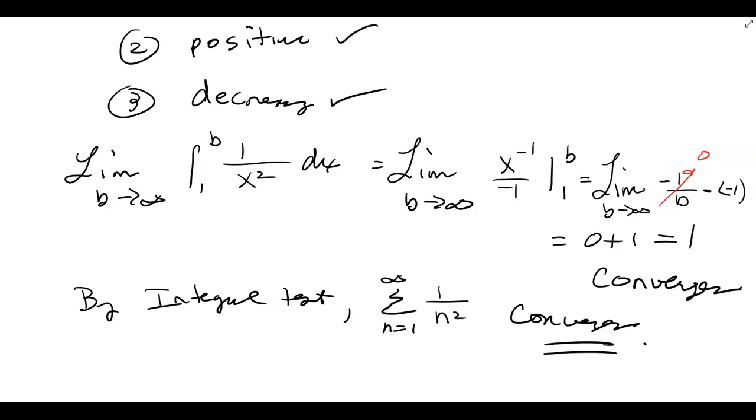Because remember, this part here represents an area under a curve. We know this does not converge to the number 1 because when you plug in, you can see right away it's going to be 1 plus 1/4 plus, when you plug in 3, you get 1/9, and so on.